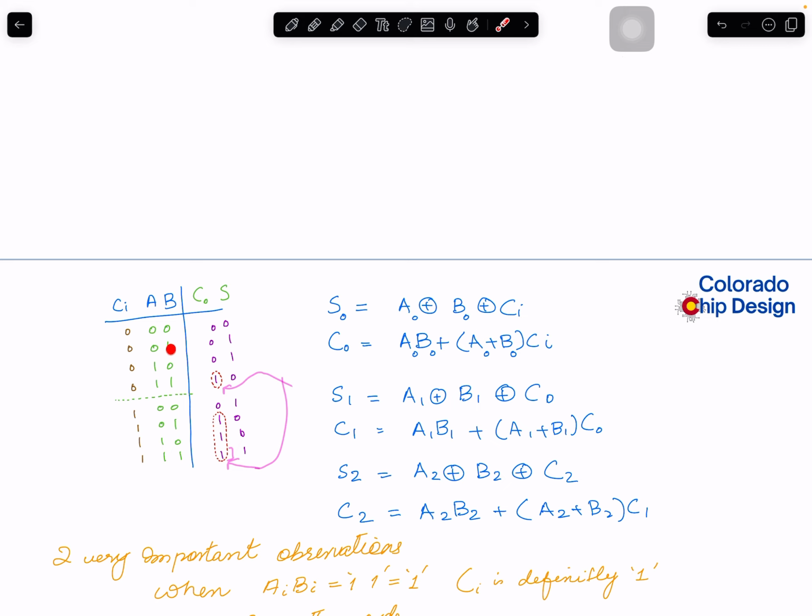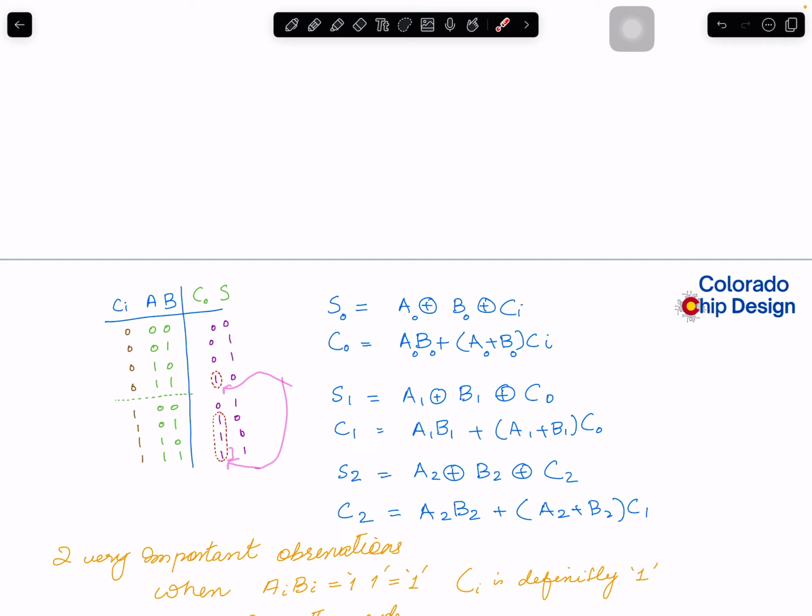This one, sum is 1 but carry is 0. Let's look at this scenario: 1 and 1 you add, your answer is 1 0, so you put 0 in sum and 1 is carry. So for the case when A and B are 1, whether carry input is 0 or 1 doesn't matter. C out is 1.